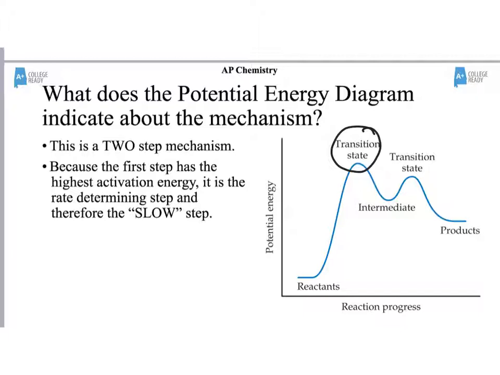And so that's going to be the rate determining step, and that's going to control the speed of the reaction. So we can't make this reaction go any faster by changing the concentrations of what's involved in the second step, because it's after the rate determining step.